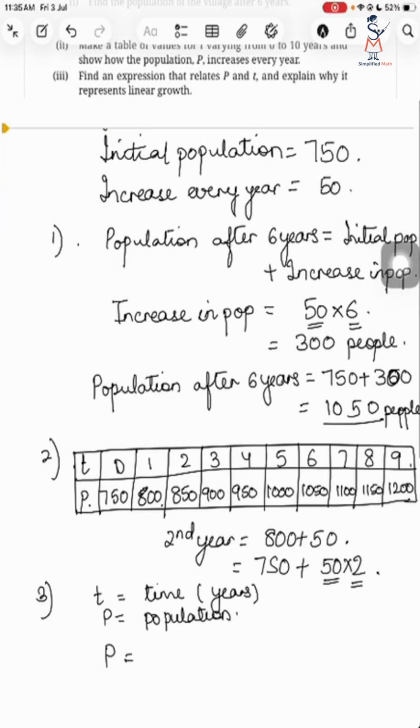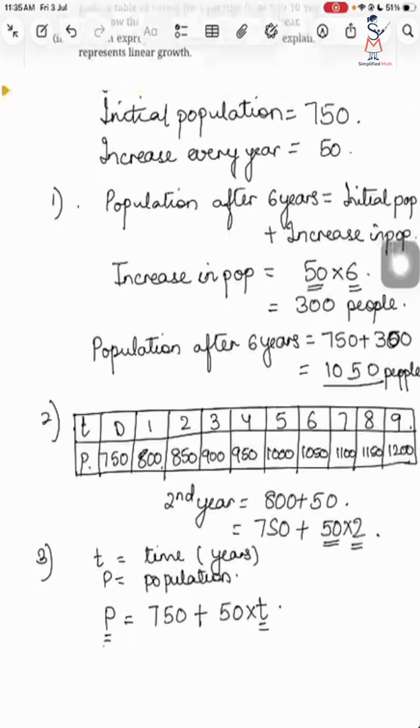How do we find P? P is the initial population plus 50 into time. That means if time changes, the population will also change, and if the time is suppose 8 years, then what we will do is 50 into 8 plus 750 is the population in that year.